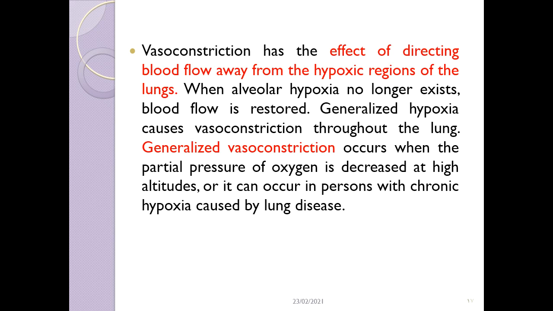What is the importance of this phenomenon? Vasoconstriction has the effect of directing blood flow away from the hypoxic region of the lungs. When alveolar hypoxia no longer exists, blood flow will be restored.